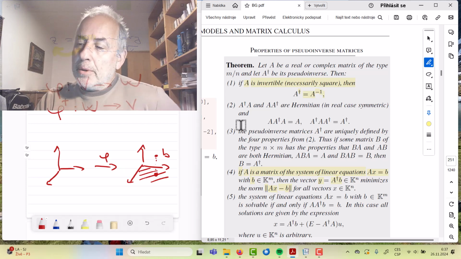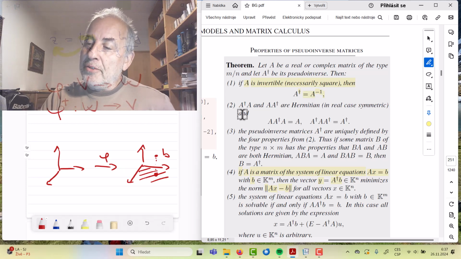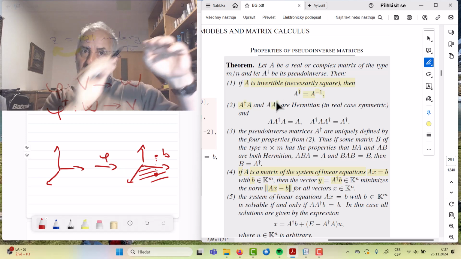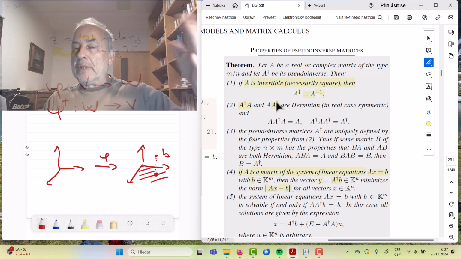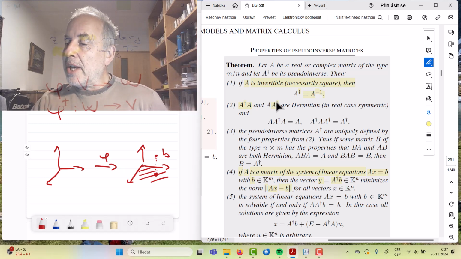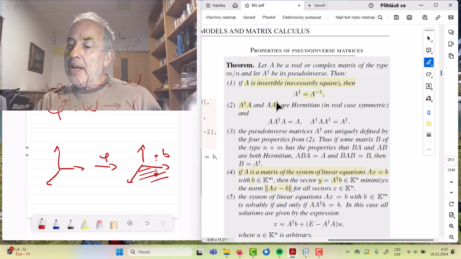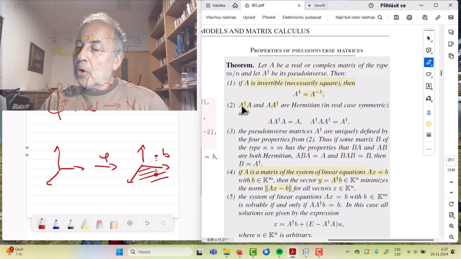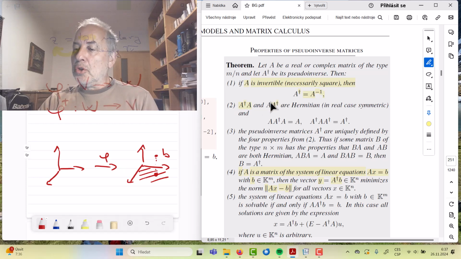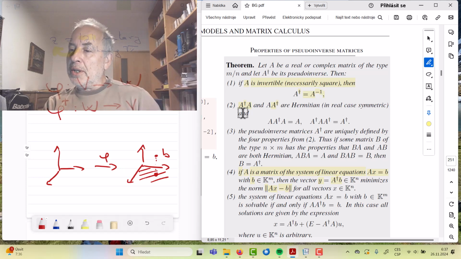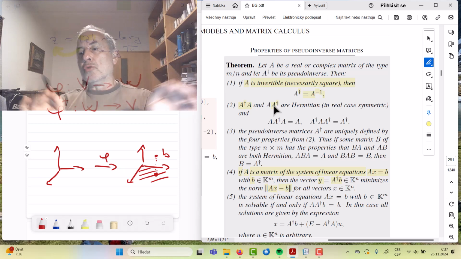Next, if it was an inverse, then these two things were unit matrices. Well, we can't get there in general, but notice if the sizes of the rows and columns are different, then also these matrices are different, because those are square matrices. The first one has got the size of the rows, and the second one the size of the columns.